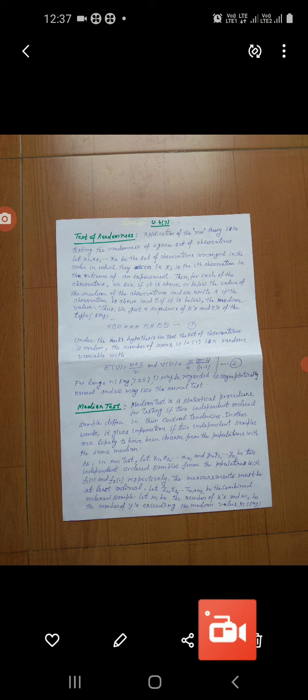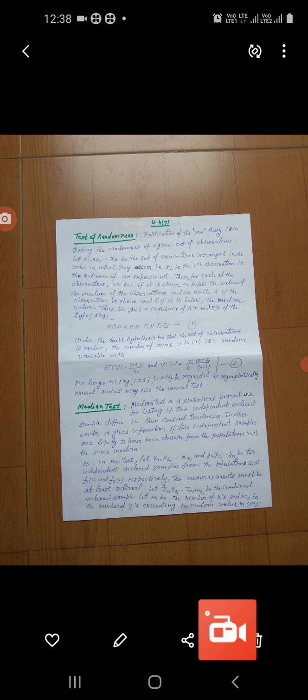Let x1, x2, up to xn be the set of observations arranged in the order in which they occur.